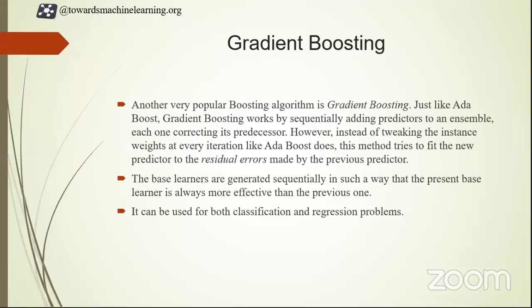The full form of ARCing is adaptive reweighting and combining. This framework was further developed by Friedman, and he called it gradient boosting machines. Later on, it is just called gradient boosting or gradient tree boosting. So this is the basic history behind gradient boosting.